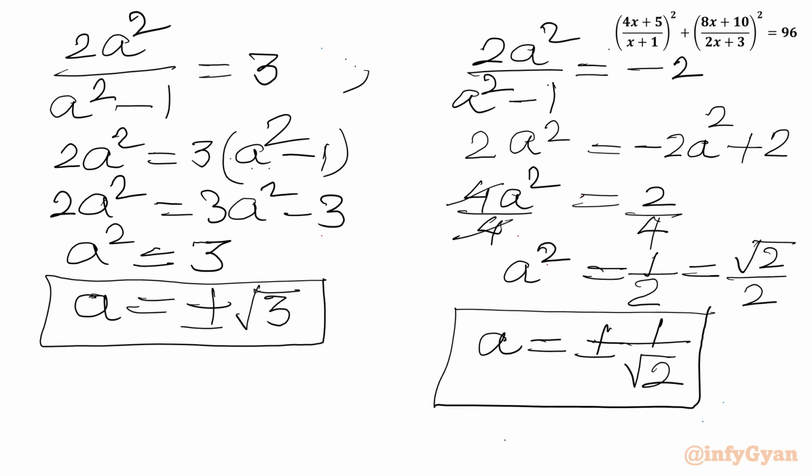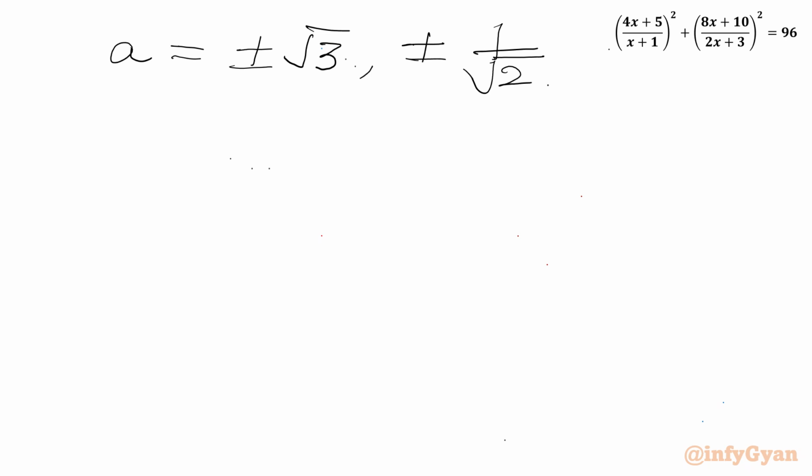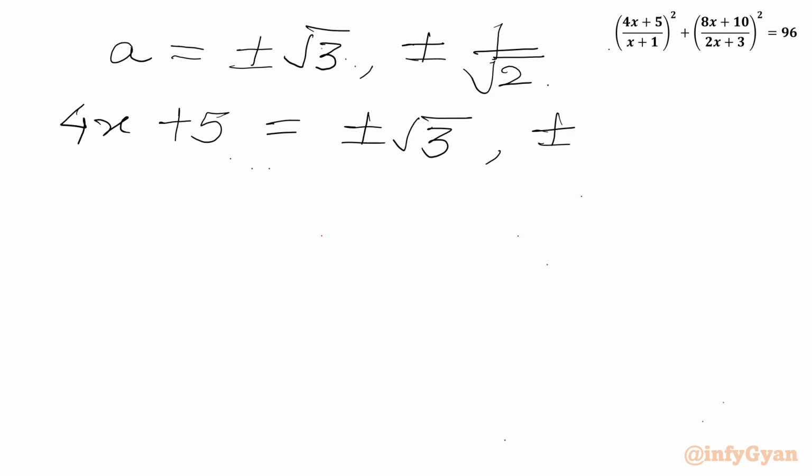Now a was our substitution, 4x plus 5. So let me write here a equal to plus minus square root 3 and plus minus 1 over square root 2. Now a was 4x plus 5. So this will be equal to plus minus root 3 and plus minus 1 over root 2. Now I will subtract 5 from both the sides.